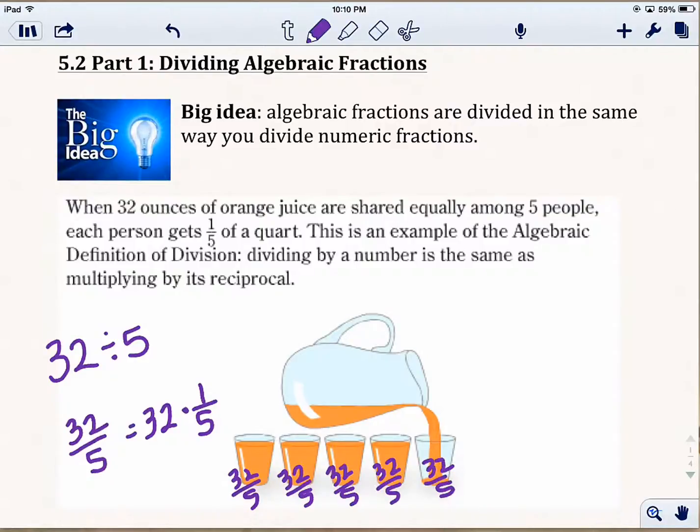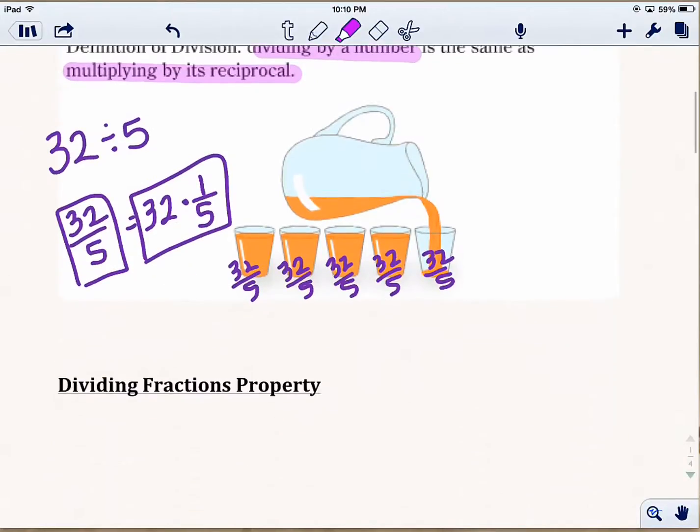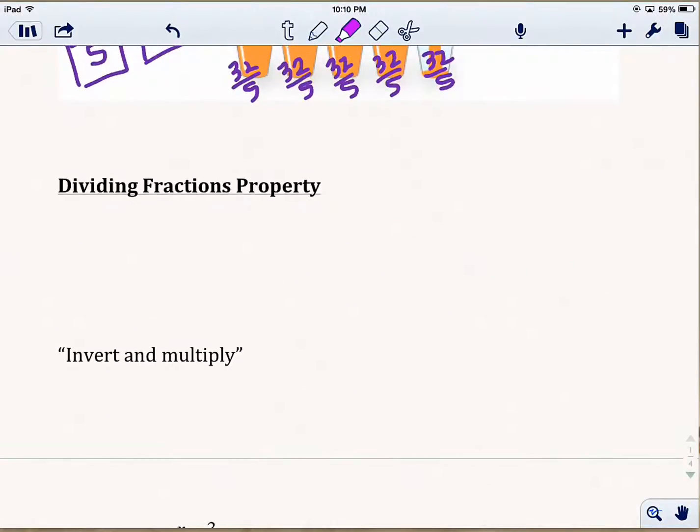So what's really important in all of this is noticing that when you divide by a number, it's the same as multiplying by its reciprocal. That's the key idea with dividing fractions. Okay, so if we start with any fraction, something simple like a divided by b, and we are going to divide by the fraction c divided by d.